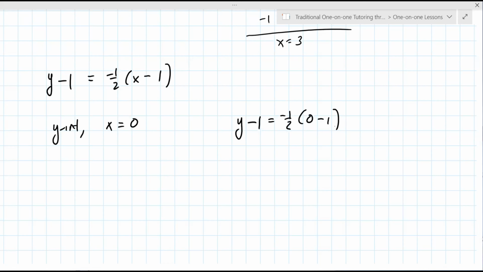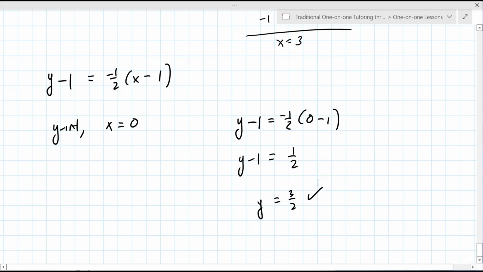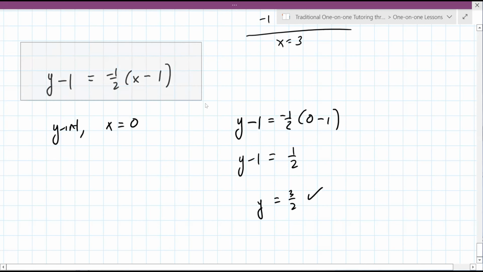I think it's y equals 3/2. So it's y minus 1 equals positive 1/2. You add 1, yeah, y equals 3/2. Good.